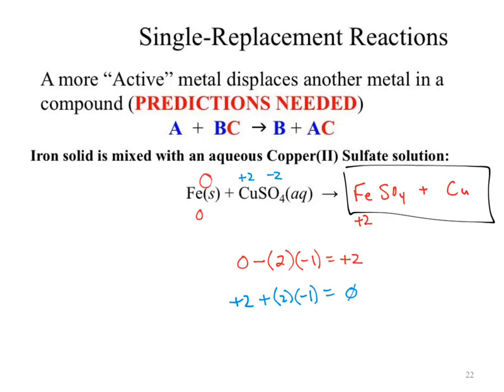How do we know iron is more active? Okay, and I heard someone mention electronegativity. Are you required to know the electronegativity of any of the elements? No. We're required to know a trend. The more electronegative is in the upper right-hand corner. So we could try and make some parallels with electronegativity, and we'll find out very quickly that doesn't work very well. Okay?